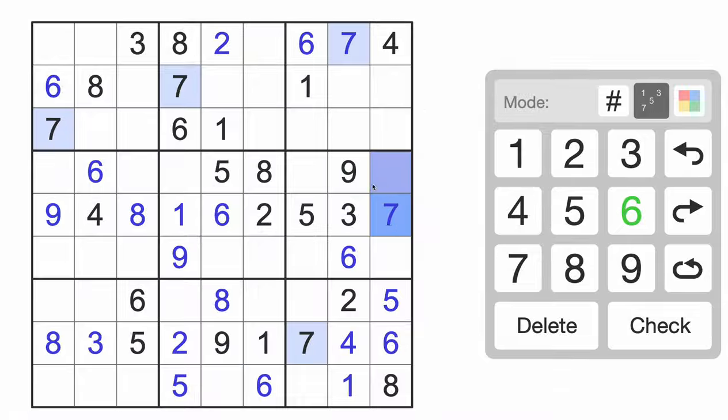And now this 7 blocks these. This 7 blocks here. This 7 blocks here. That gives me 7 here.